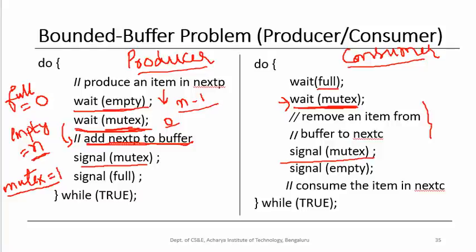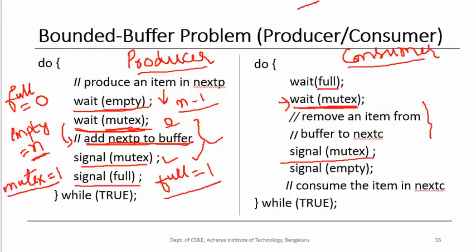In this part of the code, we assume that the producer puts the item that it produces into the buffer, and while coming out, it will release the lock on the buffer, and it will do the operation signal on full. So now what happens to full? Signal will simply increment the value of the semaphore, so full becomes 1. Thus the producer has produced one item and made full equal to 1.